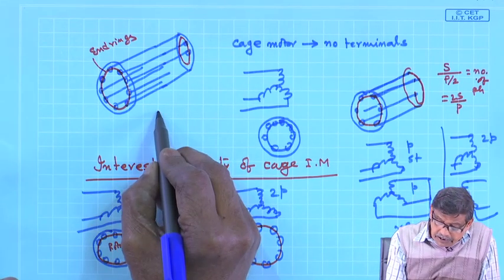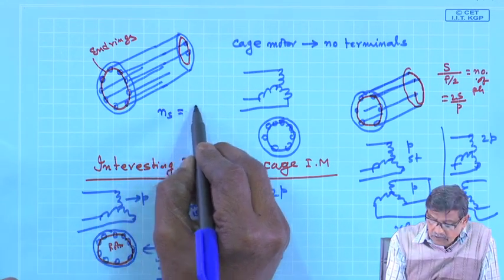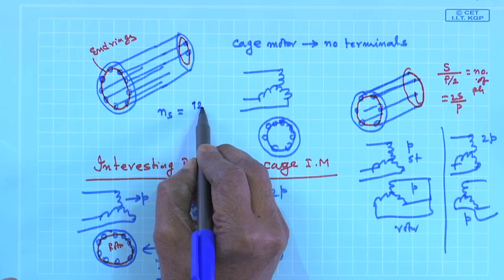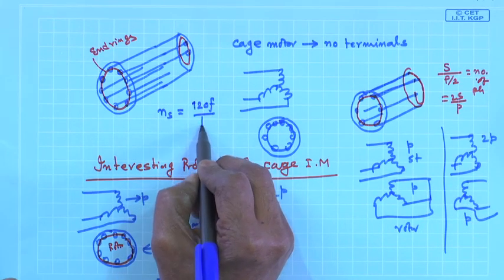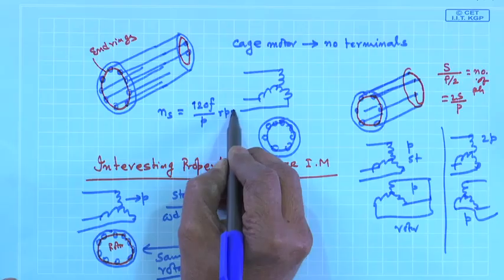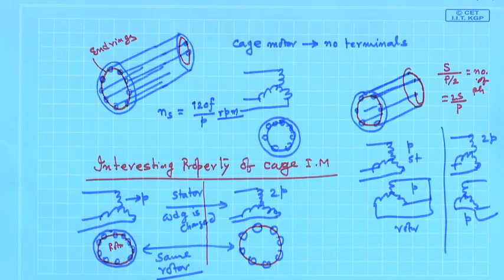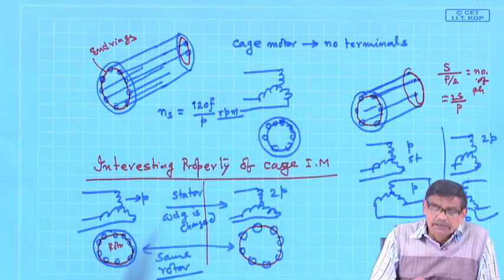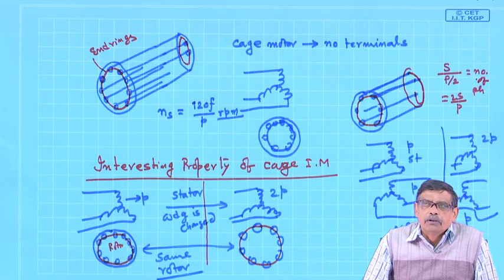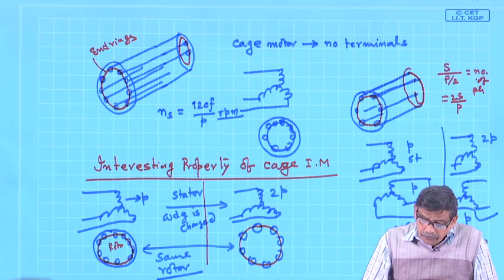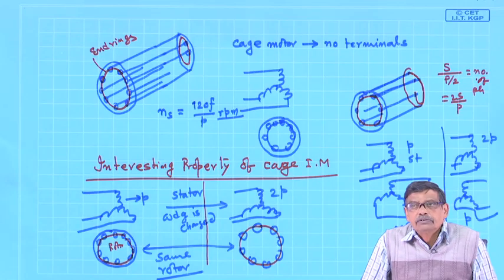Now, synchronous speed Ns is equal to 120 f by p, so much rpm. We know that. Supply frequency is fixed, and the machine number of poles is fixed. Therefore, it looks like you cannot control synchronous speed.